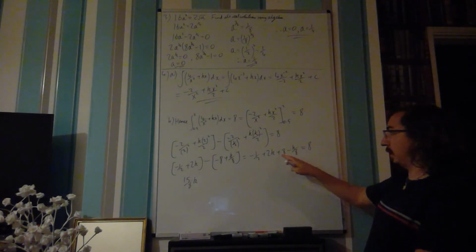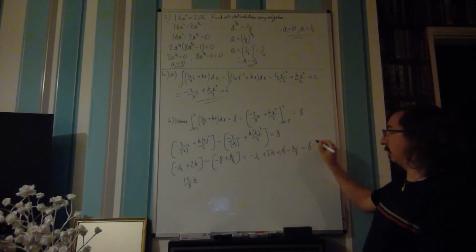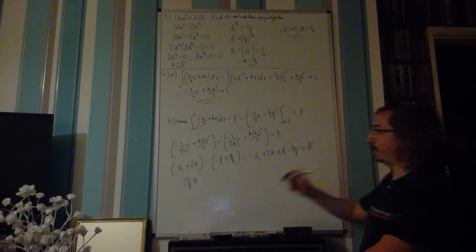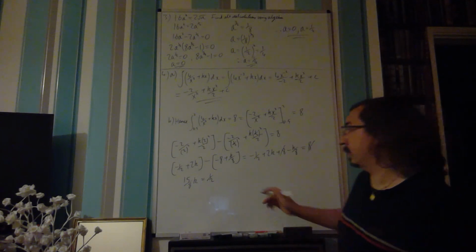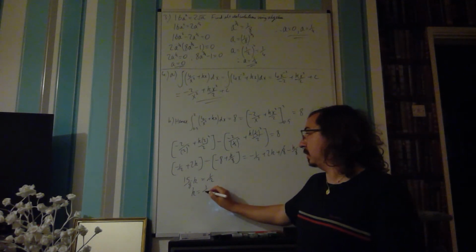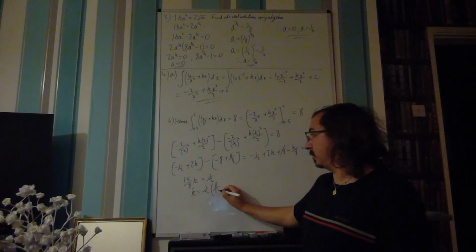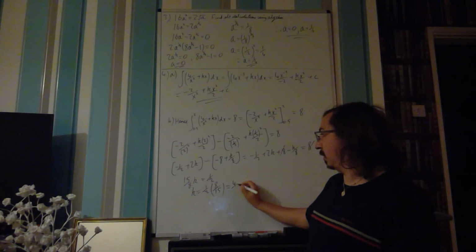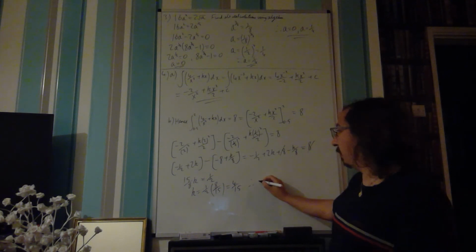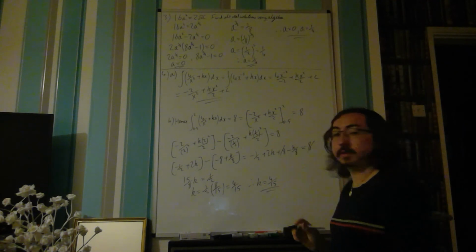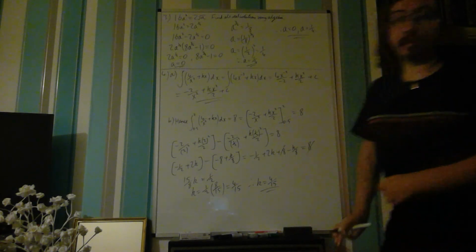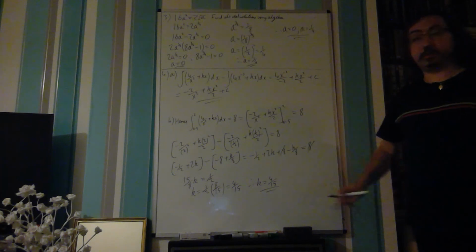The 8 and this 8, when it moves, it becomes a subtraction, so they're really going to cancel. The half, when it moves, becomes plus a half. So k is a half times 8 over 15, which is equal to 4 over 15. So k is equal to 4 over 15, and that should be your final solution for k.